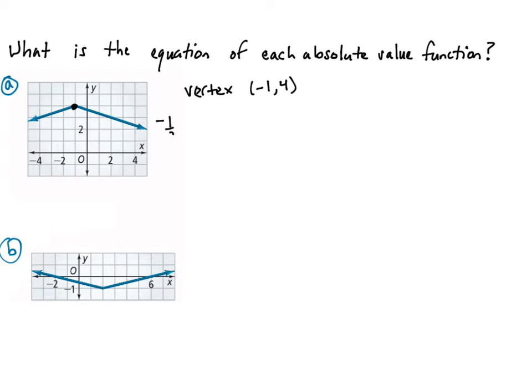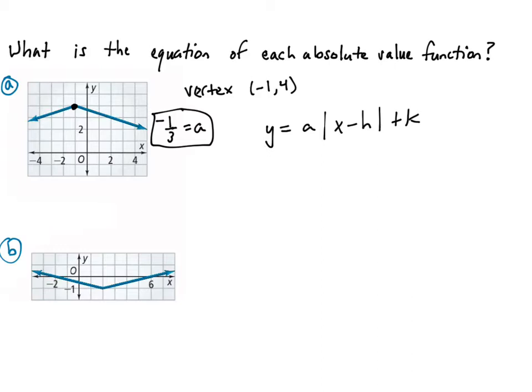So that's -1/3. That's going to be our a value, because we're going to change our value on the outside. Remember, the general form for the absolute value is y equals a times the absolute value of x minus h plus k.